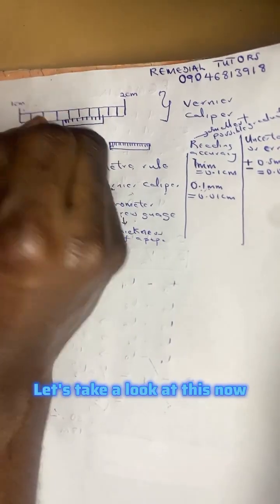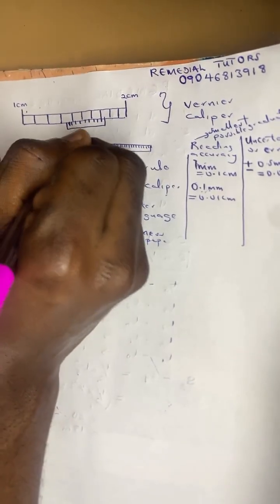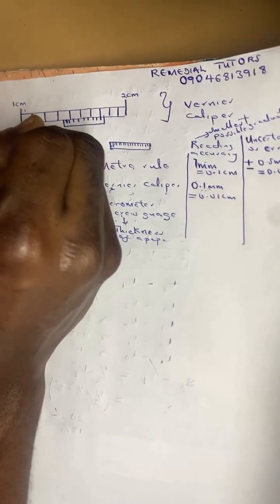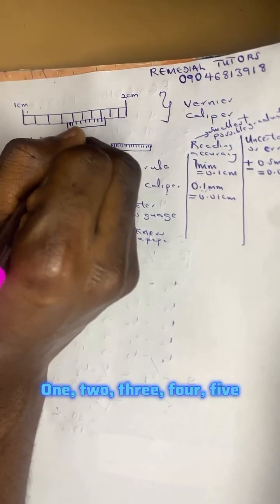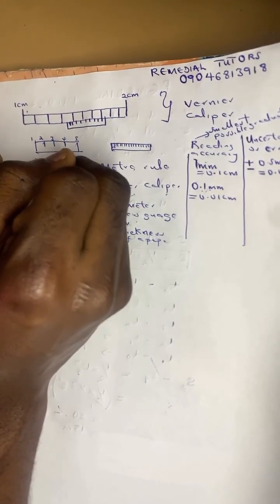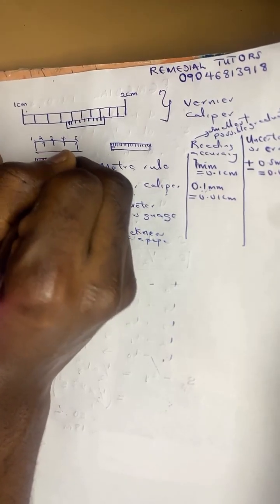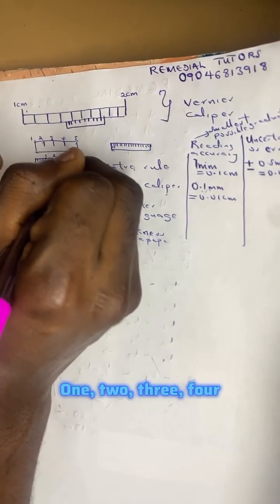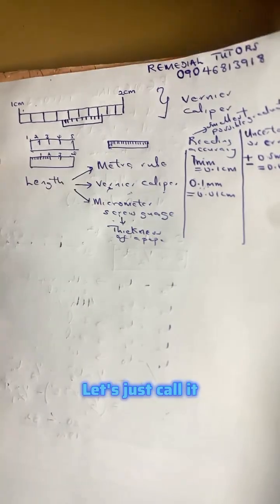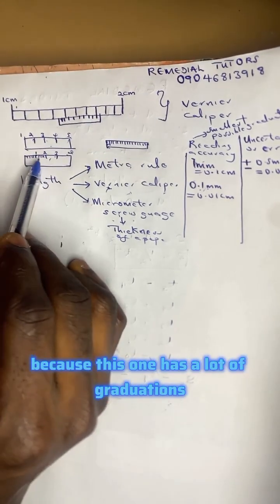Let's take a look at this now. If we have an instrument like this, 1, 2, 3, 4, 5, and another instrument like this, 1, 2, 3, 4. Which one is more accurate? This one is more accurate than this because it has a lot of graduations.